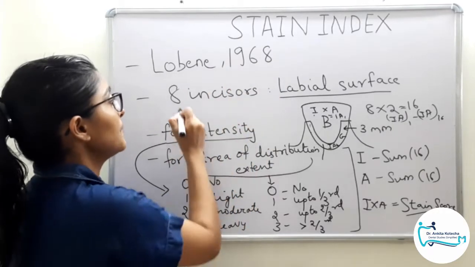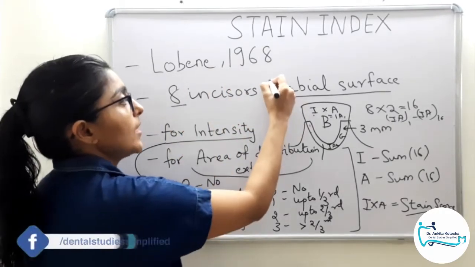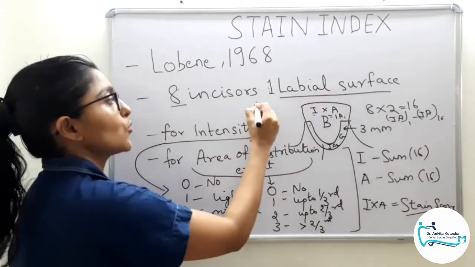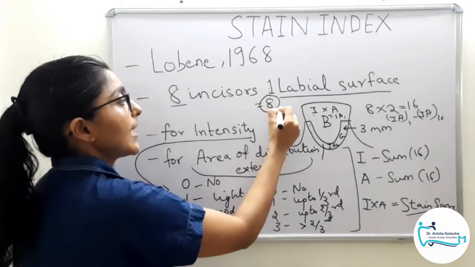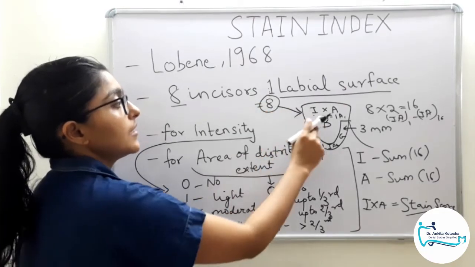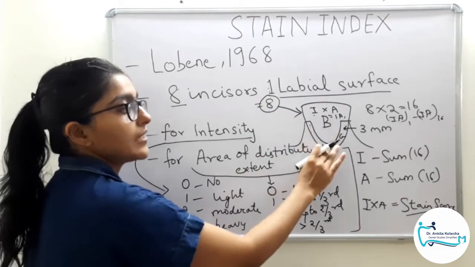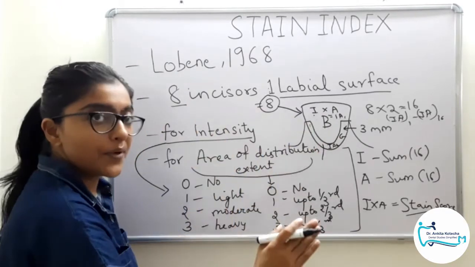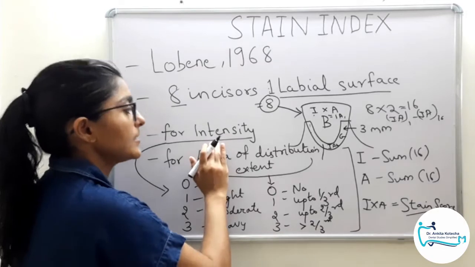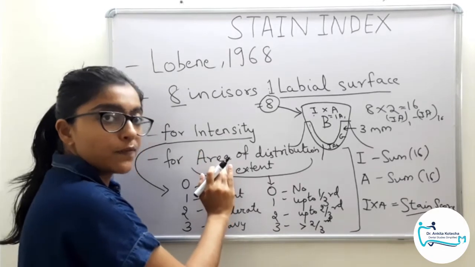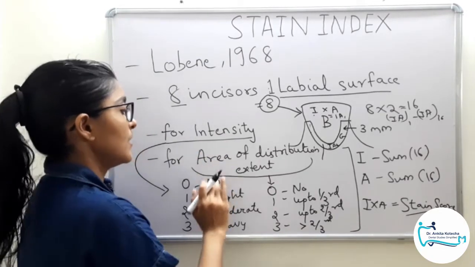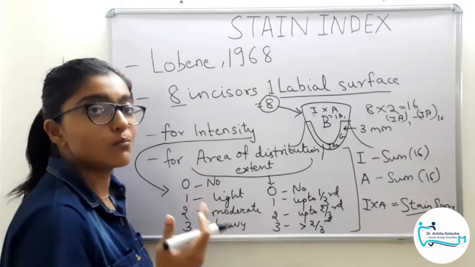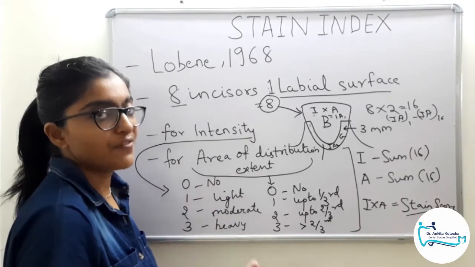A quick summary: 8 incisors, 1 surface on each tooth, the labial surface, so a total of 8 surfaces, and those surfaces are divided into 2 regions, body region and gingival region. Both regions are separately evaluated for intensity and for area of distribution or extent. For intensity, 0 to 3: no stains, light stains, moderate stains and heavy or severe stains.